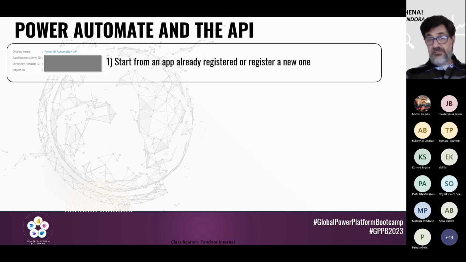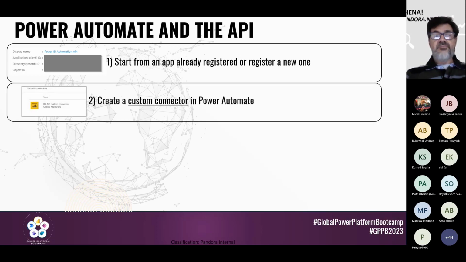Basically, what you need for setting up the scene and having a working environment is registering an app in Azure Active Directory, because the app gives you access to your tenant, and you can set up the list of permissions for the app. This is a very important step. So you define an app, then in the Power Automate environment, you create a custom connector.